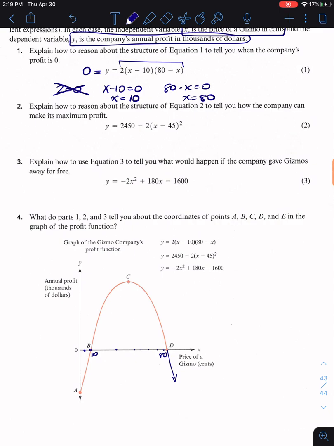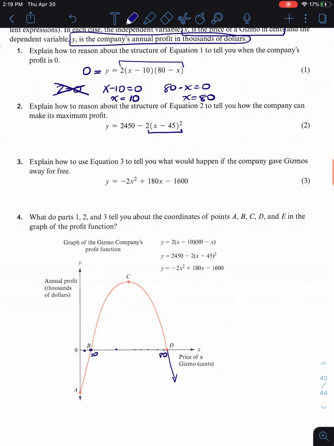All right, so let's look at number 2. Explain how to reason about the structure of equation 2 to tell you how the company can make its maximum profit. Well, this is the square term, right? The smallest it can be is 0, and then it can be as high as infinity.